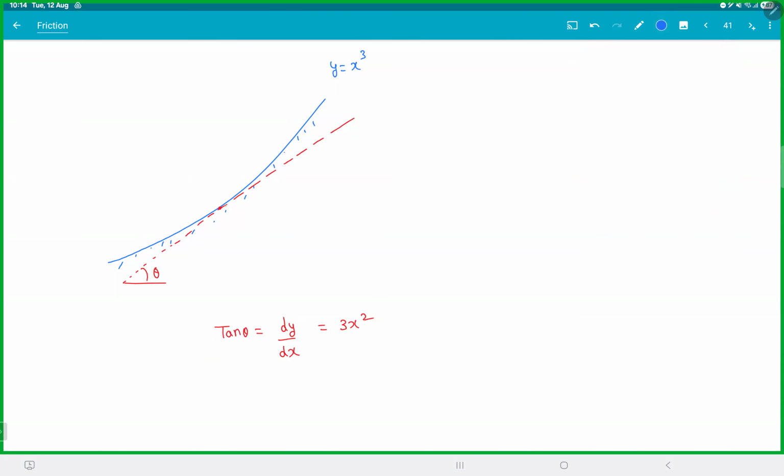And the maximum angle it can climb is up to the angle of repose. So the insect slides when the tangent makes an angle equal to the angle of repose with the horizontal. So this angle should become the angle of repose.